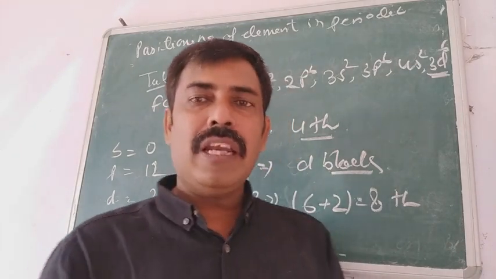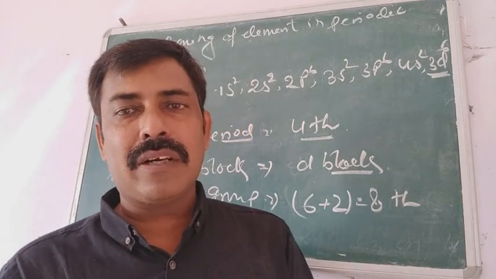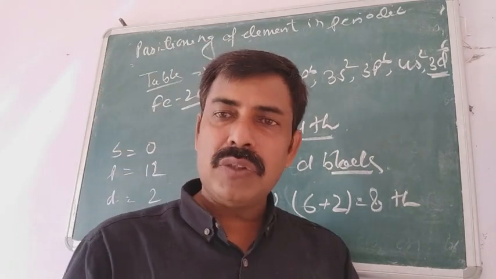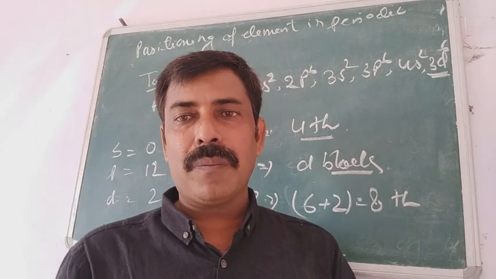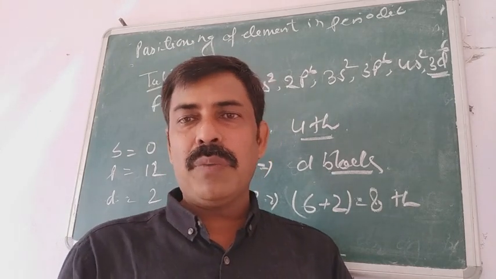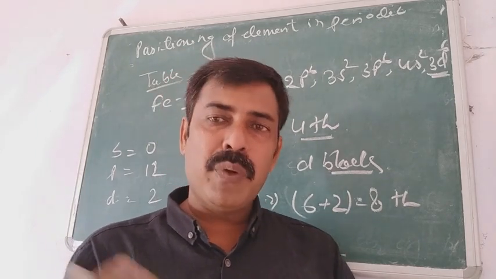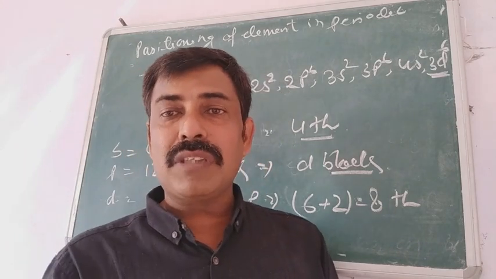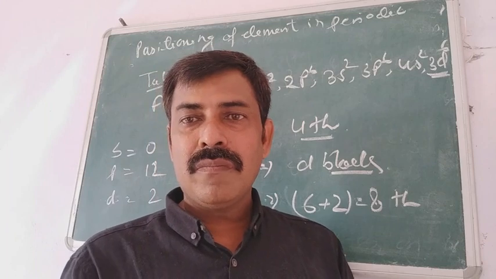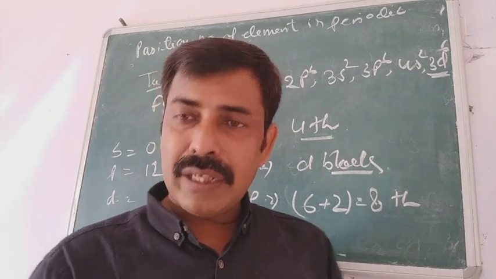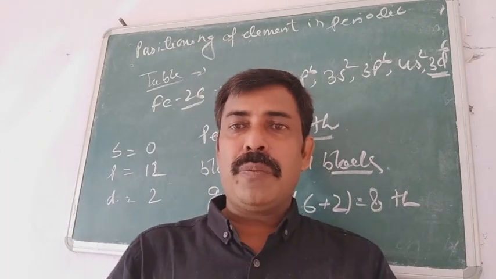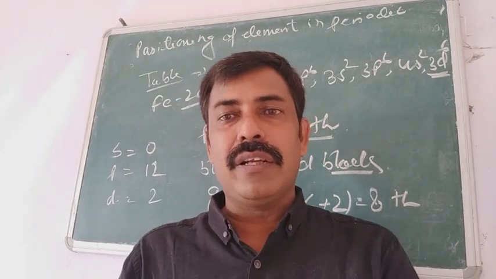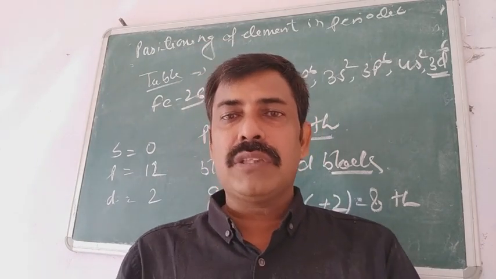Finally, the elements having exceptional electronic configuration, we have seen two elements, chromium and copper. How will you place chromium and copper? Because if you place chromium or copper, you will find that two different elements are positioned at the same position. That means if you take the example of copper, the electronic configuration will be 4s1 3d10 after the electronic configuration of argon.